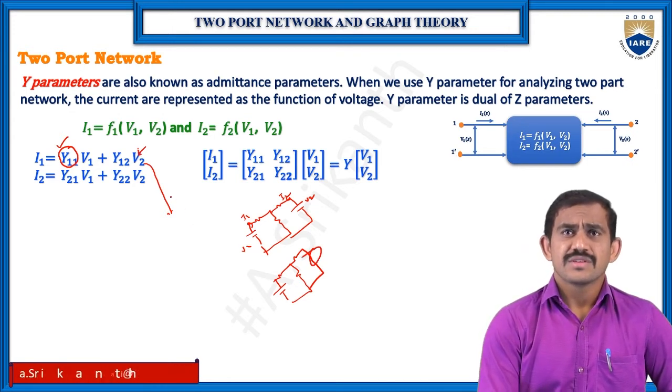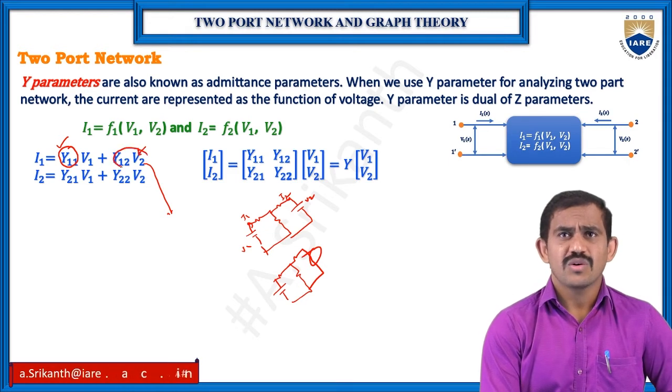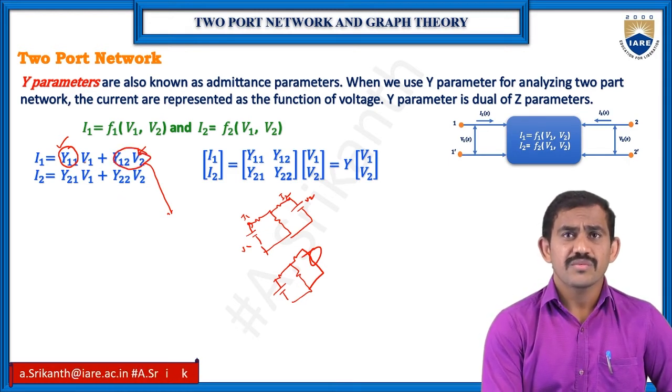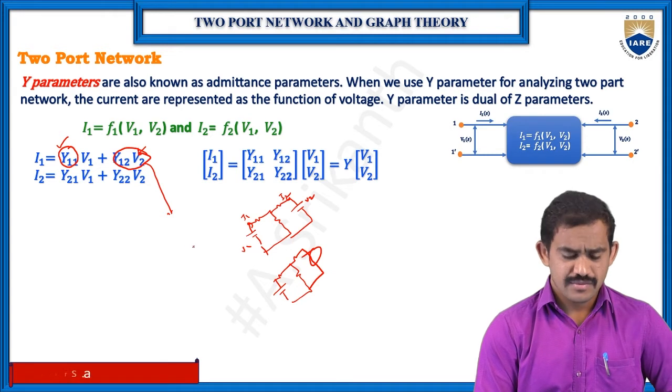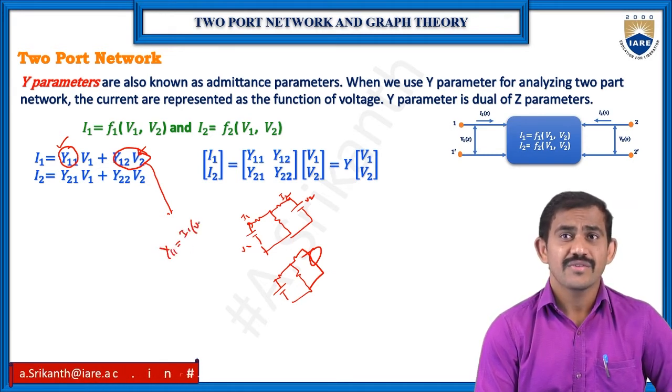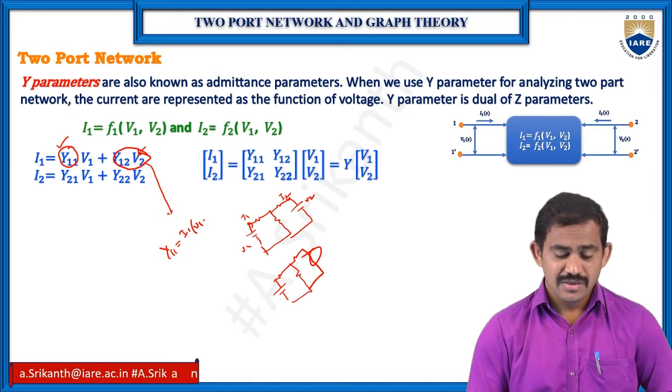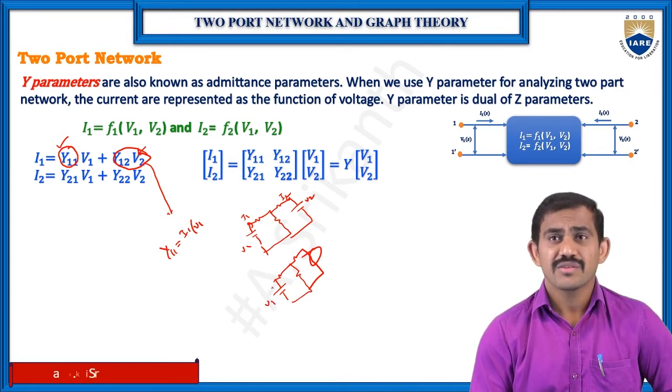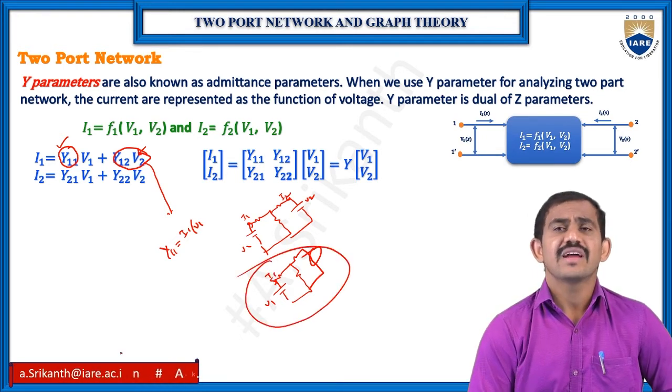Then its total is 0. Now your y11 value is I1 by V1. If I know the V1 value and the I1 value, I can find out the y11 value.